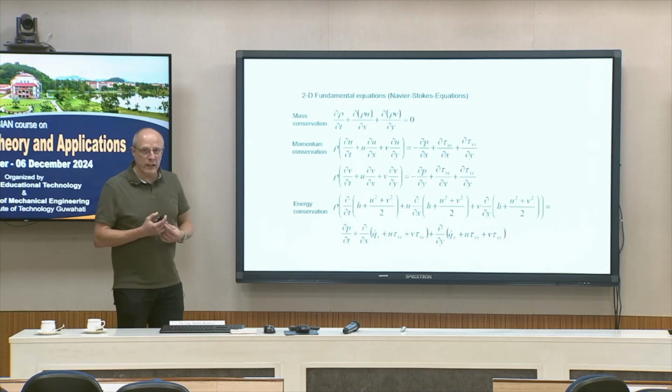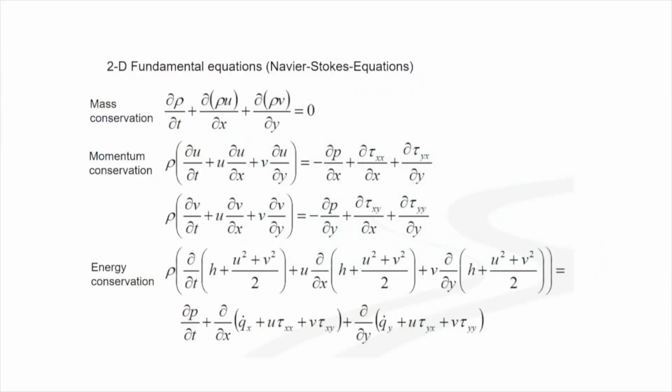So when we look at the fundamental conservation equations, this looks quite different. We consider here only two dimensions for mass conservation, momentum conservation, and the energy equation. So we have, of course, a change in time, and we have change in two dimensions. So it looks quite difficult.